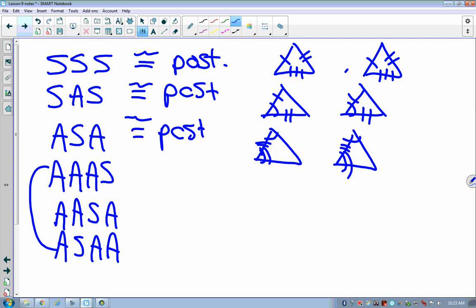Because if all I have is angle, angle, angle, similar triangles can have angle, angle, angle. But I have to know that I've got a corresponding side that is congruent to a corresponding side in order to prove that these two figures are congruent and not just similar. So I have to have a side. If I haven't proven a side, I don't have a congruency statement.